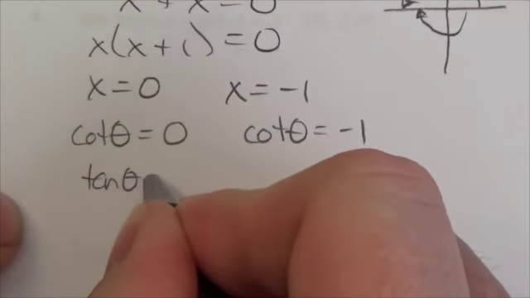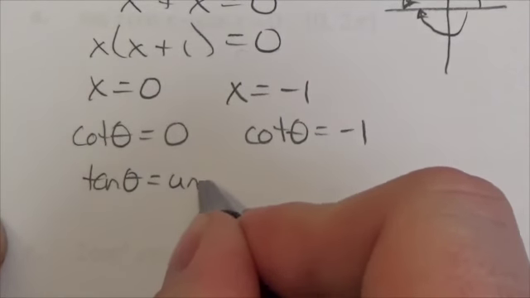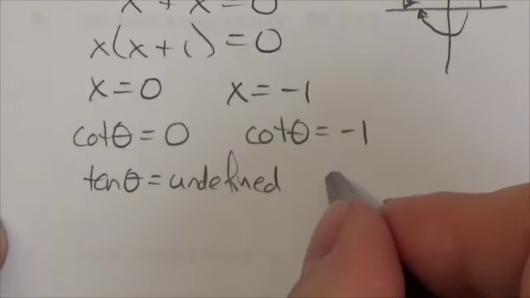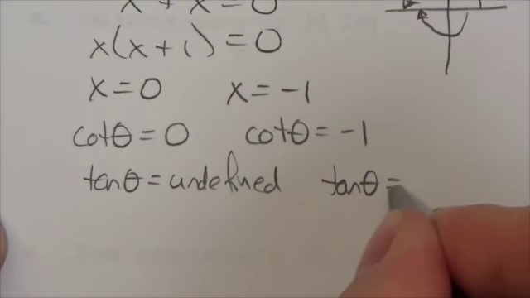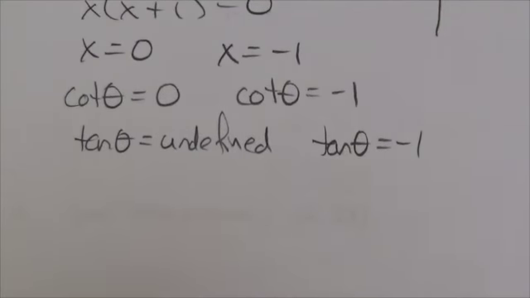But when I reciprocate 0, okay, I get 1 over 0. I'm going to get undefined. Okay, 1 over 0 here. Over here, when I reciprocate this, well, the reciprocal of -1 is just going to be -1. That's not going to do much. But this is an interesting one. And let's talk about that. Because remember, when tangent is either 0 or undefined, we're talking about the angle being on the axes here.